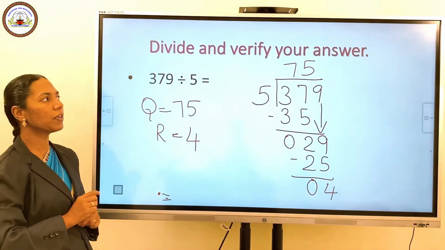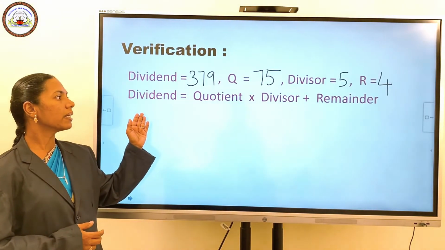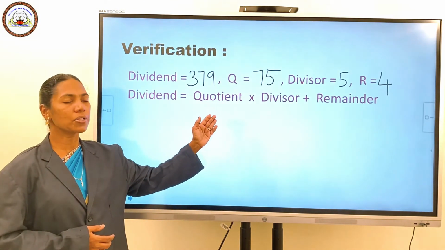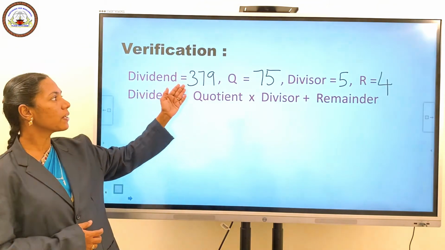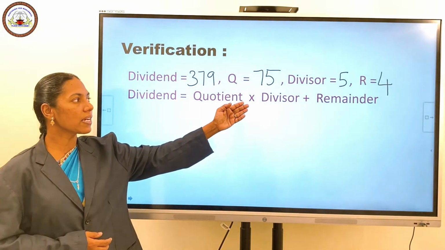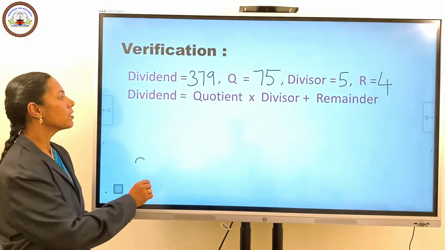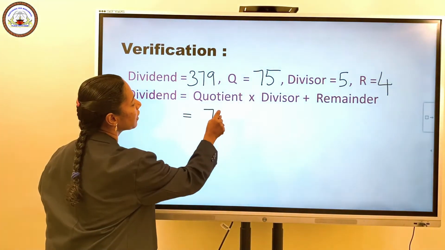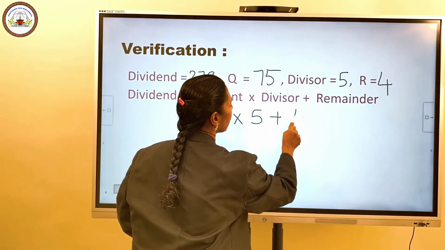And we can verify this answer using dividend is equal to quotient into divisor plus remainder. Here dividend is equal to 379, quotient is equal to 75, divisor is equal to 5 and remainder is equal to 4. So here quotient 75 into 5 plus 4.